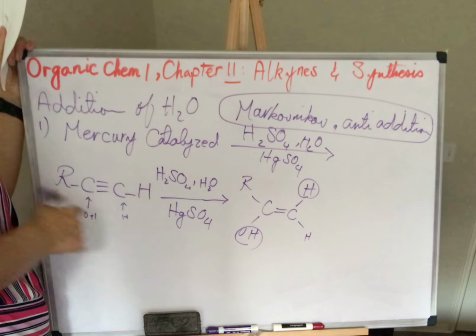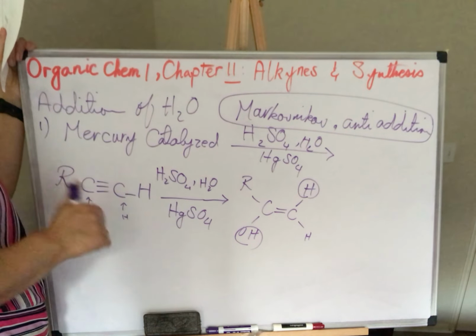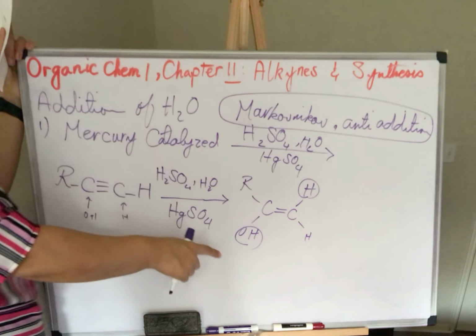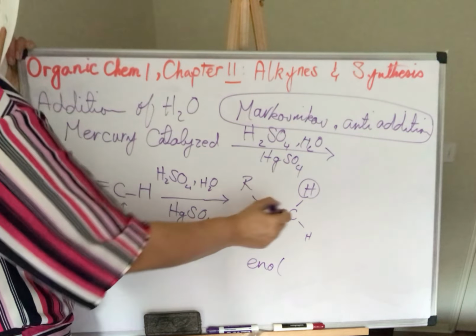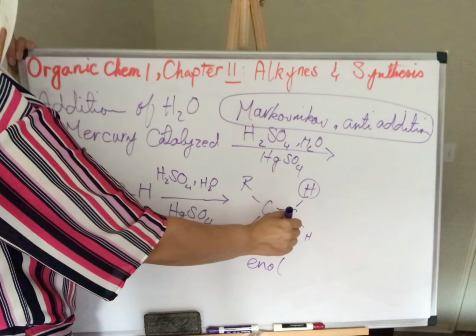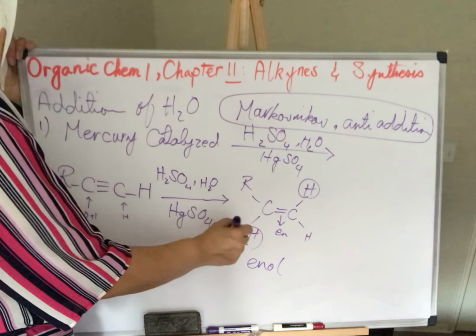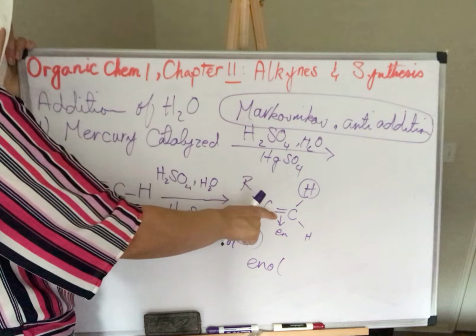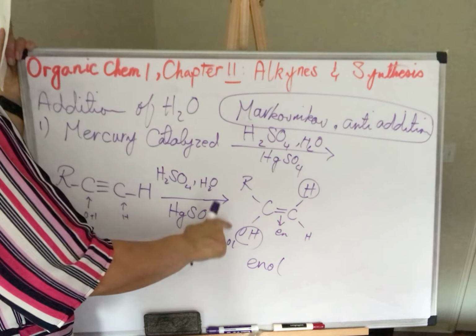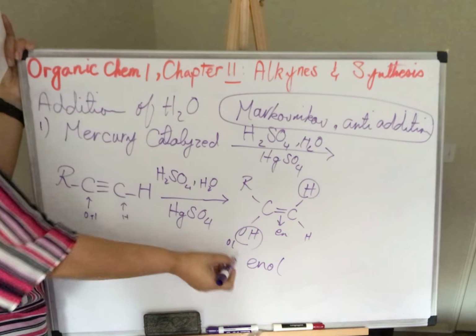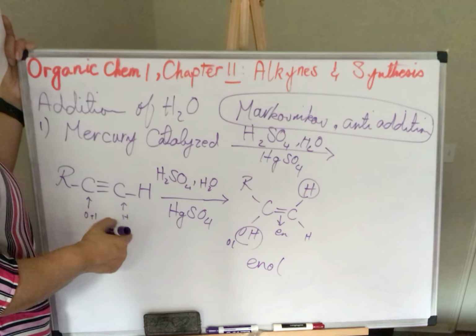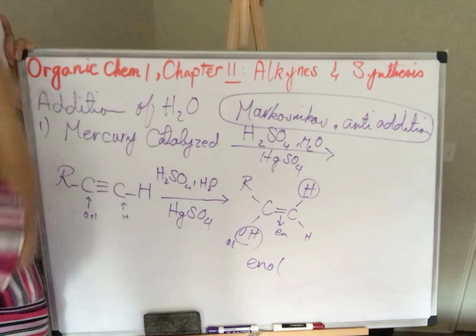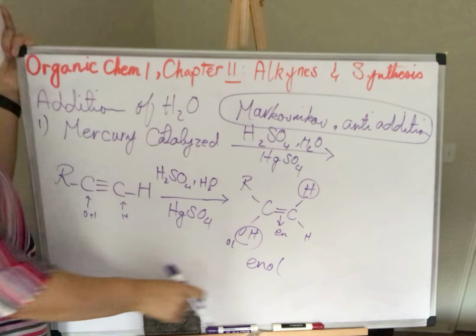Now, the difference is that we call this compound an enol. Why? Because it has the "en" and it has the "ol." It has a double bond and it has an alcohol. So "en" is for the double bond of the alkene and "ol" for the alcohol.